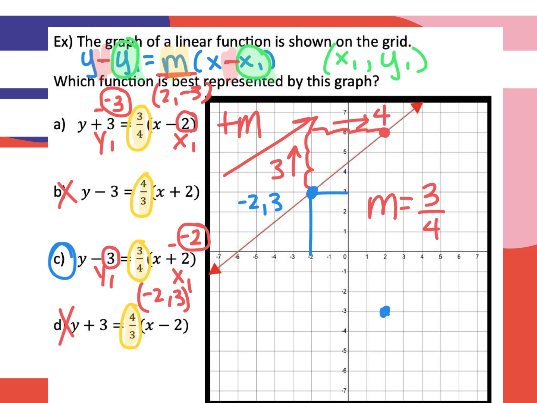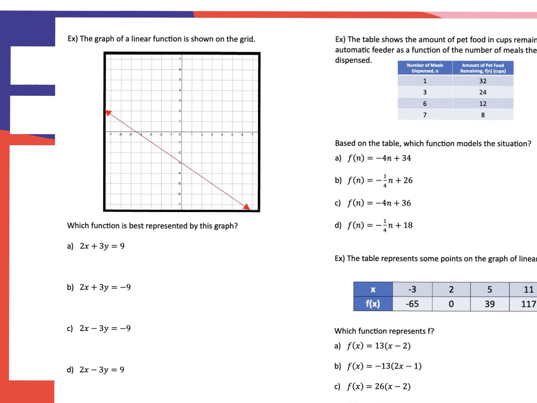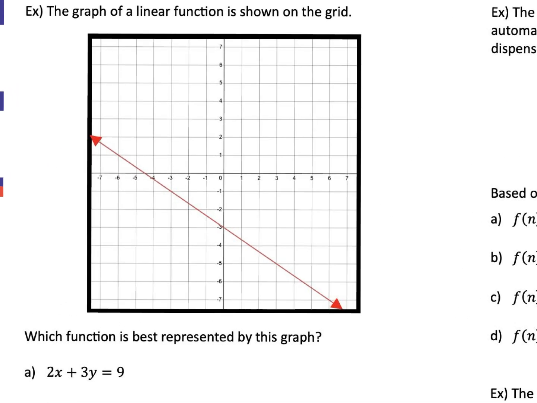So let's do a little more practice with that. Here I have a graph. We're going to start with our slope. Okay, this one we can see our y-intercept. Our b is a negative 3. And I'm going to have some nice pretty points to find my slope.